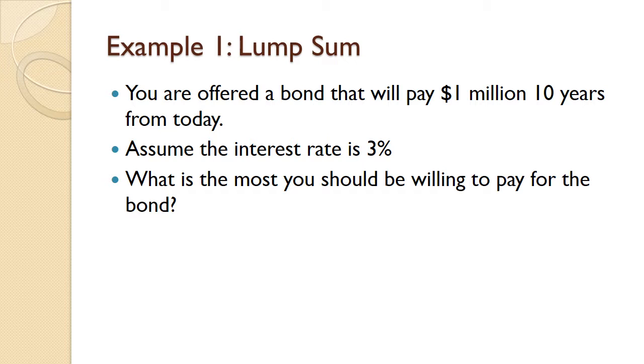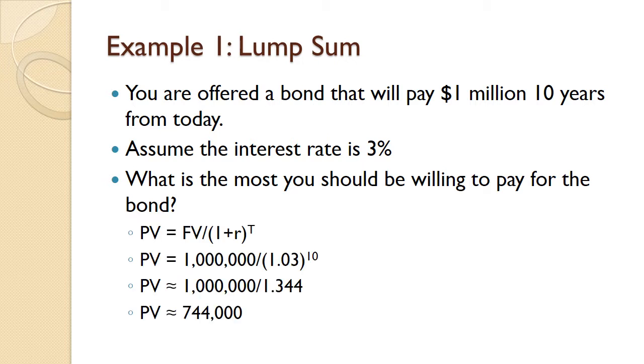The answer, of course, is the amount of money we would have to set aside today that could grow to $1 million in 10 years at a 3% interest rate. In this example, the future value is $1 million. 1 plus the interest rate is 1.03, and the number of time periods is 10.